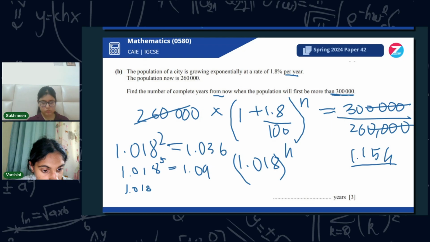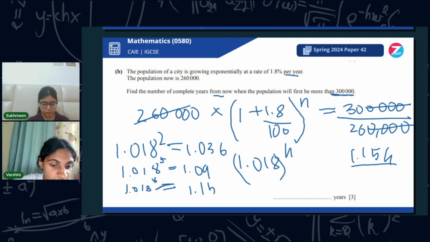1.018 to the power 8, and you should get 1.153. Remember, we want 1.154. So let's increase it by 1 more power, and that should be our answer, because remember, these years are complete, so we can't have decimals as powers.